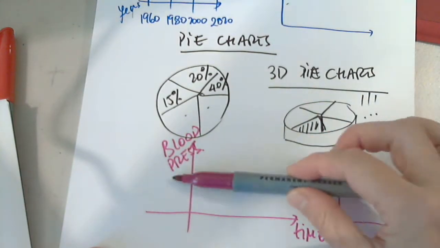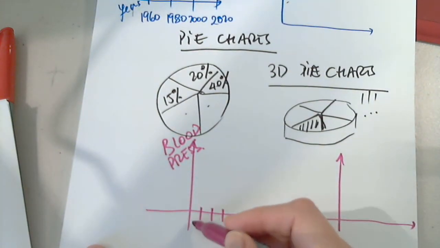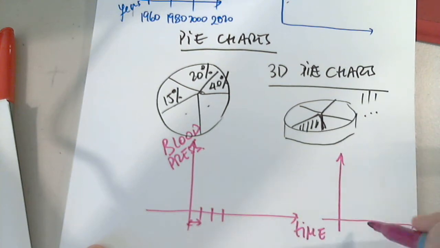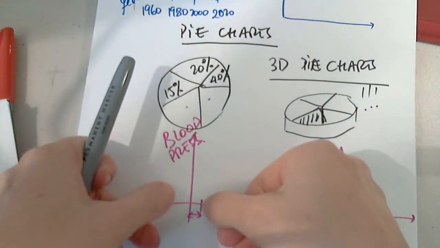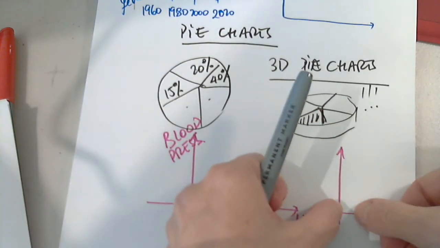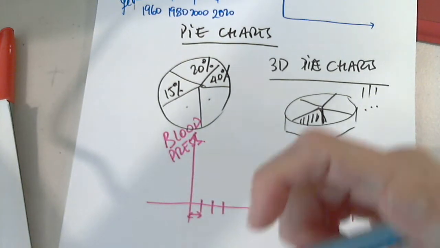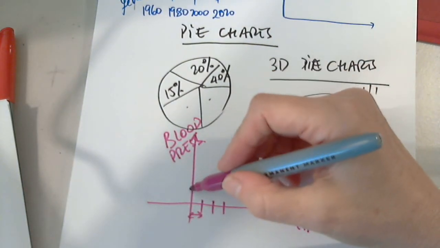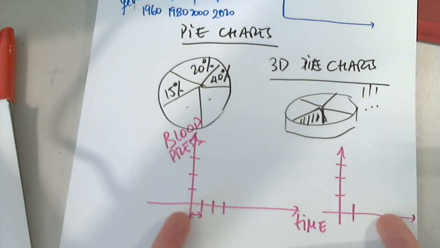The blood pressure is measured in the same way. I have the same increment for both graphs, especially if I want to compare. I don't have here 10 units and here I have every 15 units, because it will be difficult to compare. The same measurement unit, of course, and the same scale on the y-axis, because otherwise I will not be able to compare the two patients.